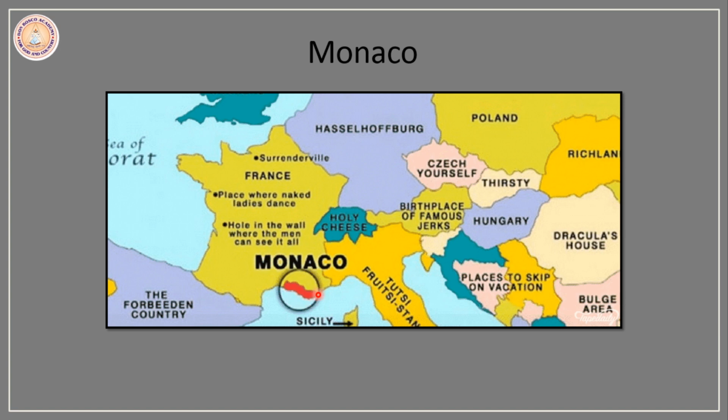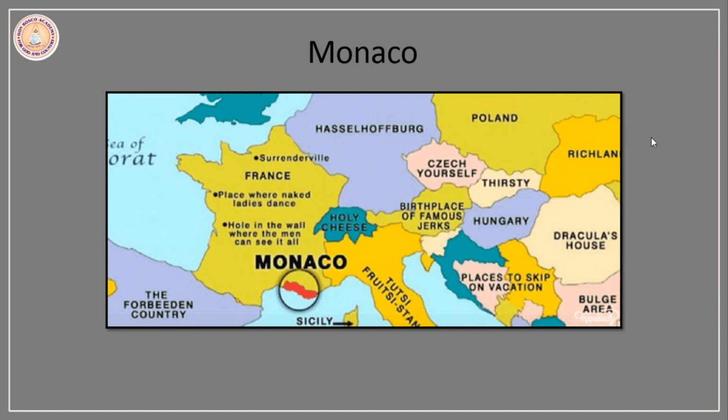Now, this is a very small country and it has a very high density of population. Even though the population is not very large, still, what do we find? That people are packed into a small area.